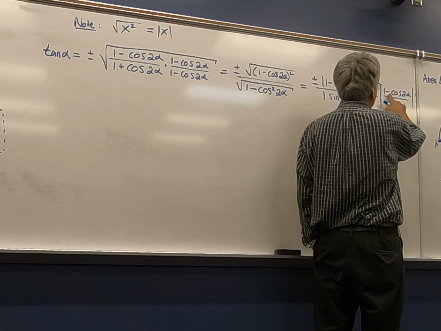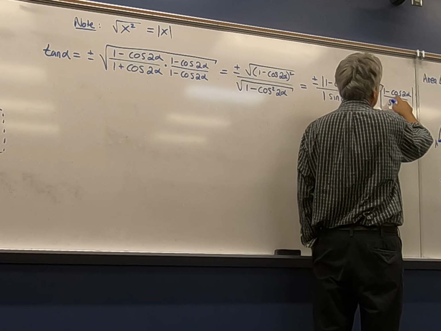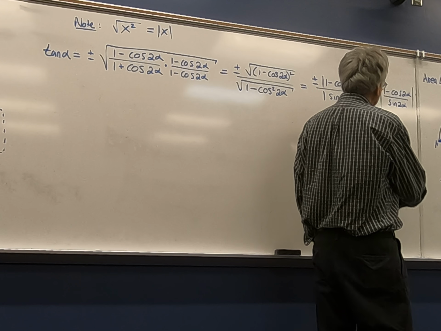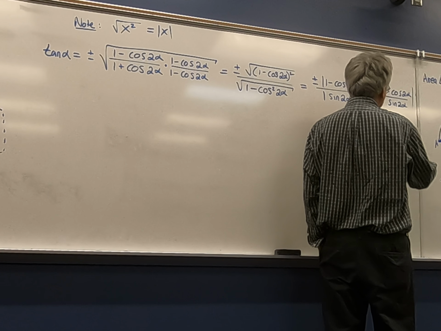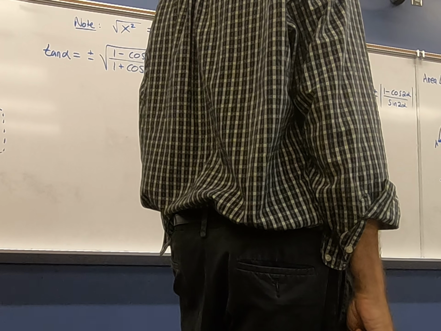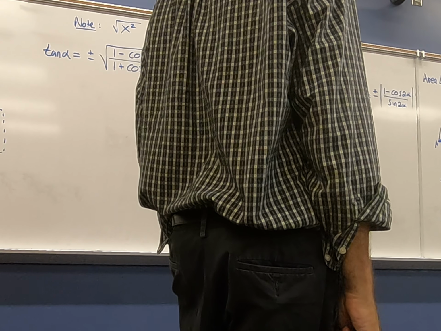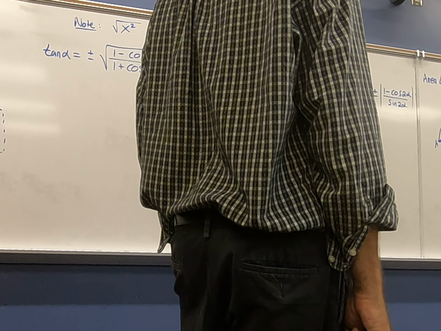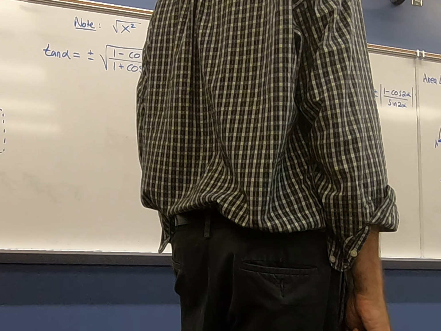Why? Well, cosine is always less than 1, right? And bigger than negative 1. But always less than 1. So if you subtract something less than 1 from 1, you get a positive number, right? Or 0, I suppose, if cosine 2 alpha is 1.